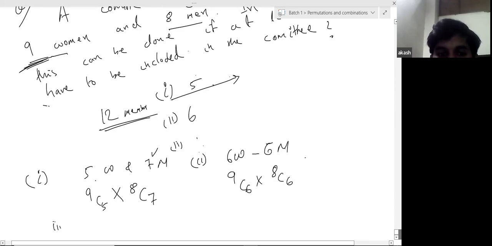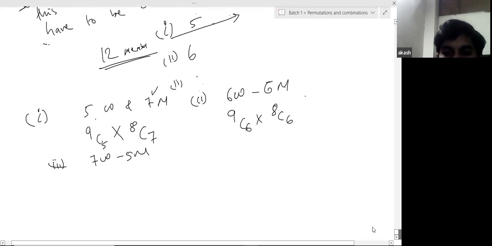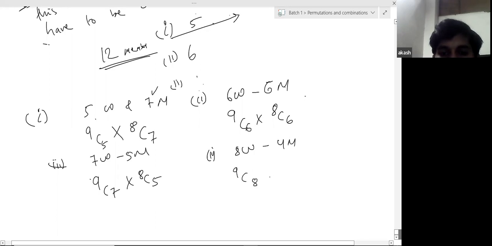In the third case, we can take 7 women and 5 men. So 9C7 into 8C5. Fourth case, 8 women, 4 men. 9C8 into 8C4.